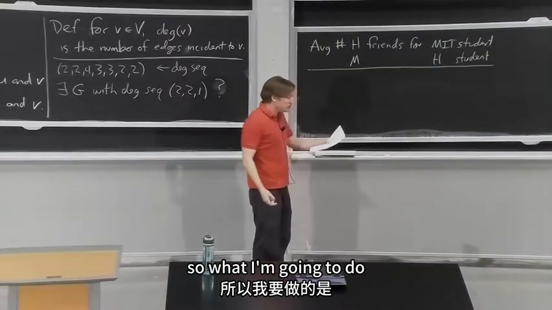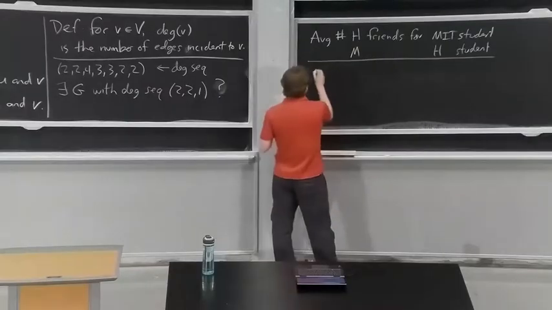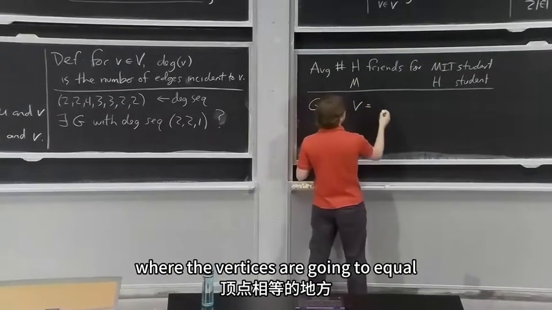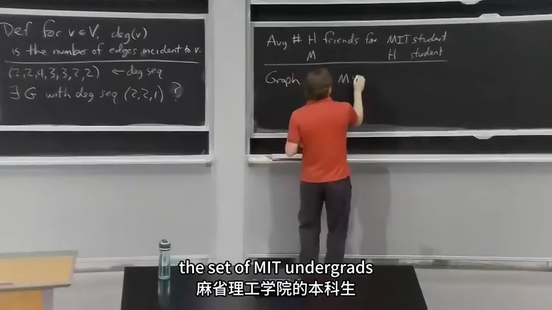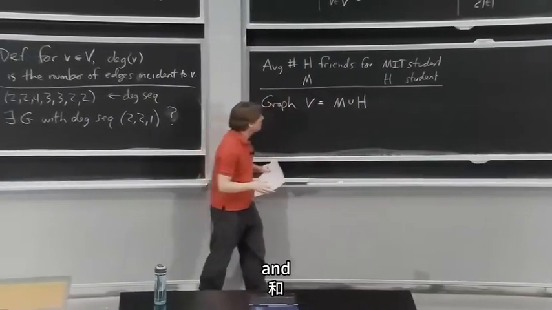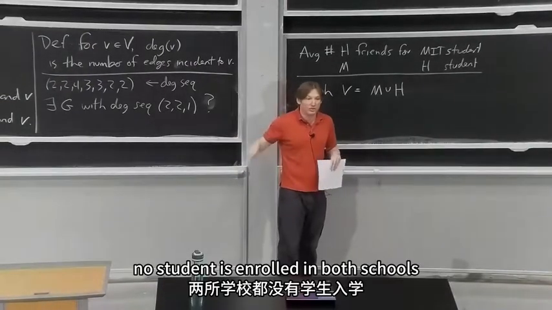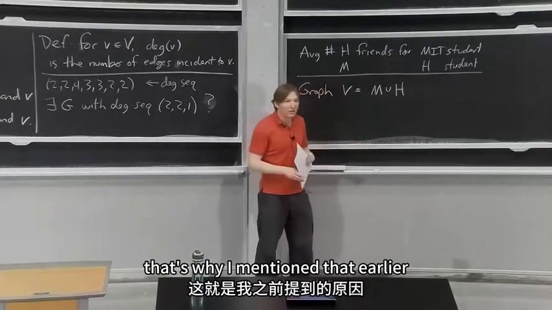So what I'm going to do is let's draw a graph where the vertices are going to equal the set of MIT undergrads and the set of Harvard undergrads. And I want to emphasize that these are two disjoint sets. No student is enrolled in both schools. We're not counting cross-registration. That's why I mentioned that earlier.